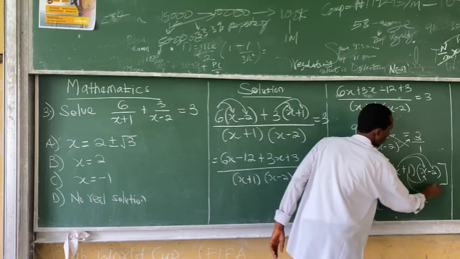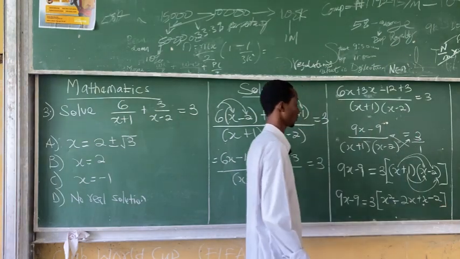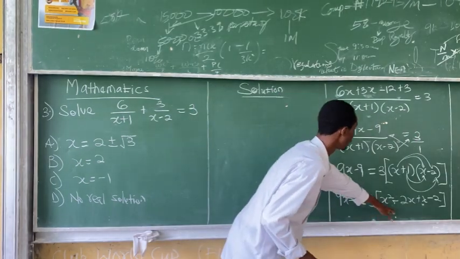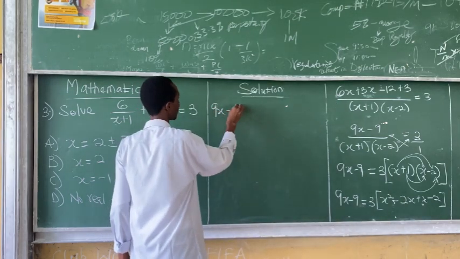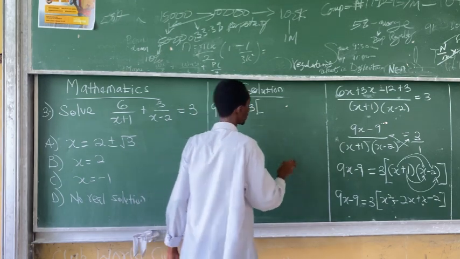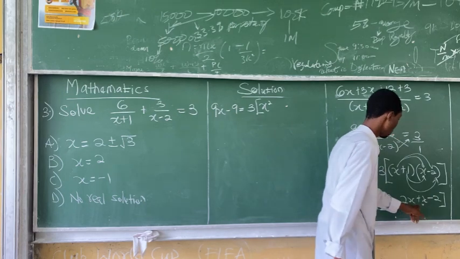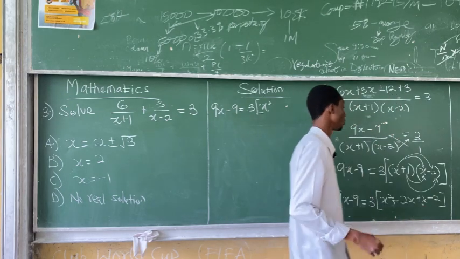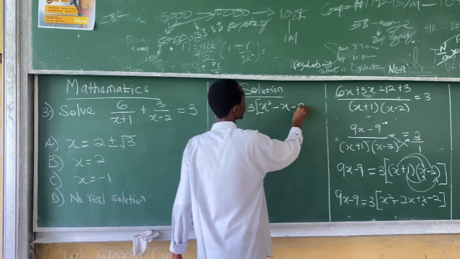And 1 will multiply minus 2, we have minus 2. Here, if you simplify that, we have 9x minus 9 is equal to 3 into x squared, minus 2x plus x will give you minus x. So you have minus x minus 2.